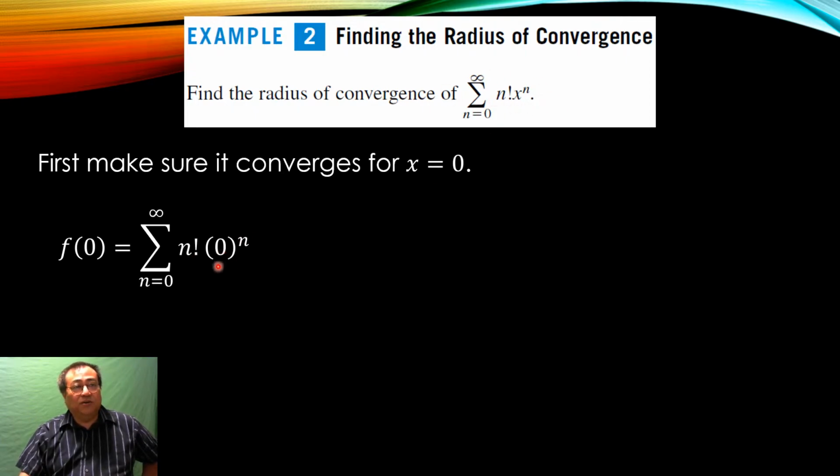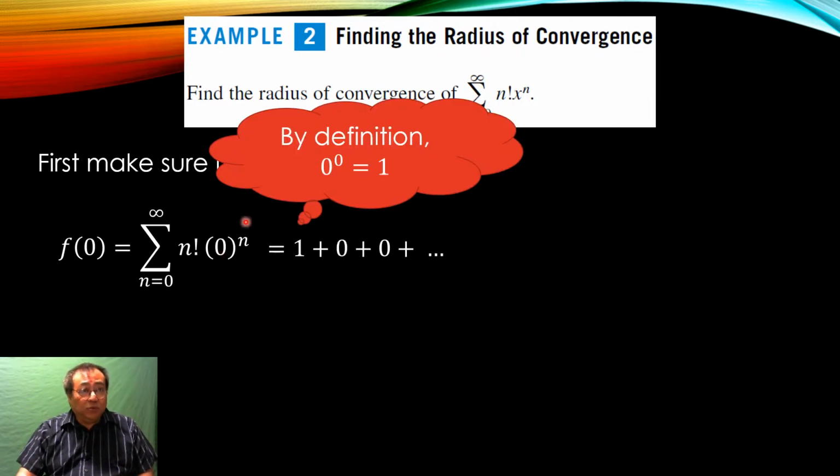What happens? Well, at n equals 0, 0 factorial by definition is 1, and at n equals 0, this is 0 to the 0, and by definition 0 to the 0 is 1. Both are by definition.